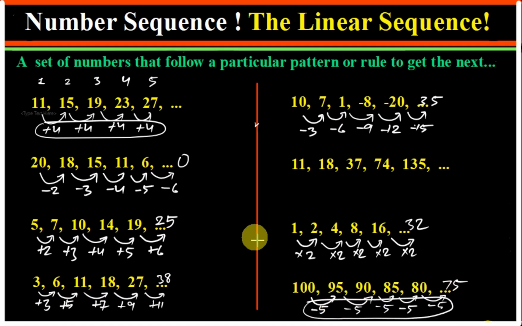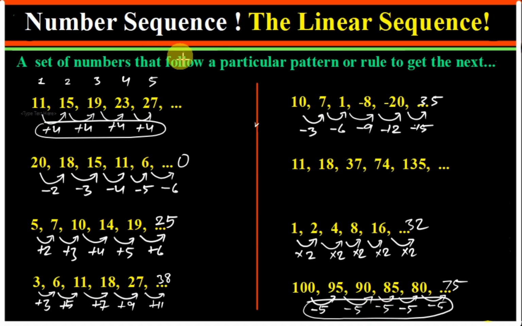So we are either adding or subtracting the same number all the time to get the next term. In another way, we can say the difference between two consecutive numbers is the same all the time. Like here, 19 minus 15, 4. 27 minus 23, 4. So the difference between two consecutive numbers is always the same. Here also the difference between two consecutive numbers is always the same.